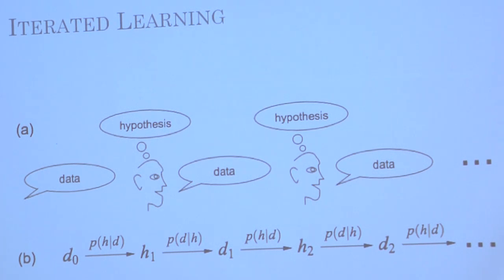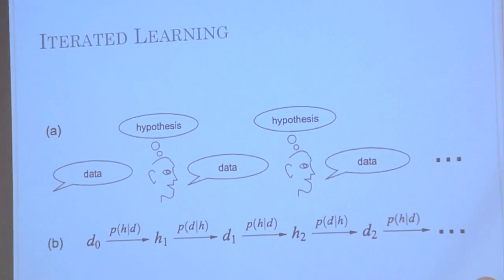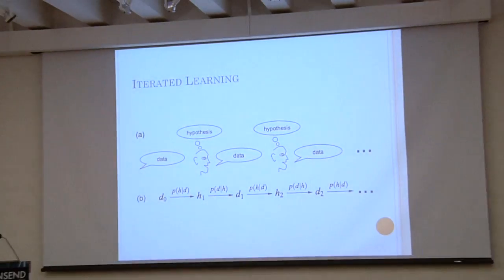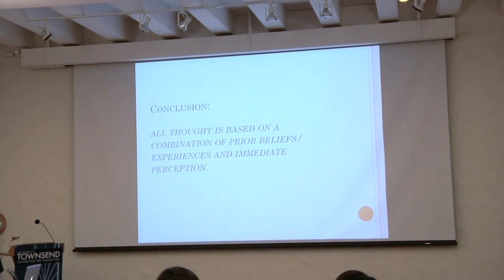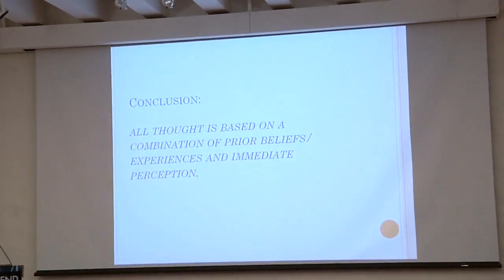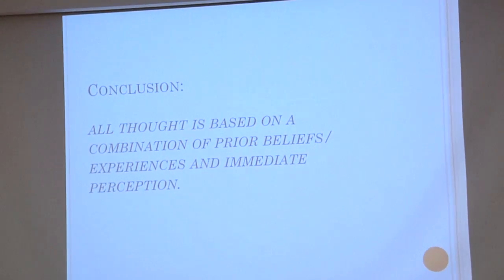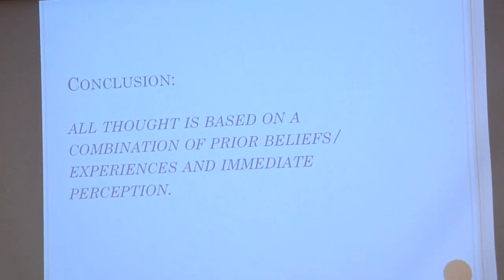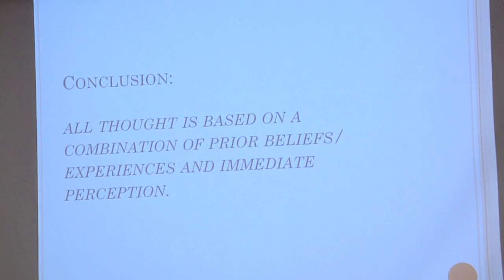You learn 1 or 2 things about how to get milk from your mom or something, and that just keeps on compounding through this iterative process. And it's so ingrained in how to get things from your parents that you automatically know how to do it later on in life, and it's almost unconscious. So the conclusion that we can make right now is that all thought is based on a combination of prior beliefs, which is the prior, and experiences, and immediate perception.